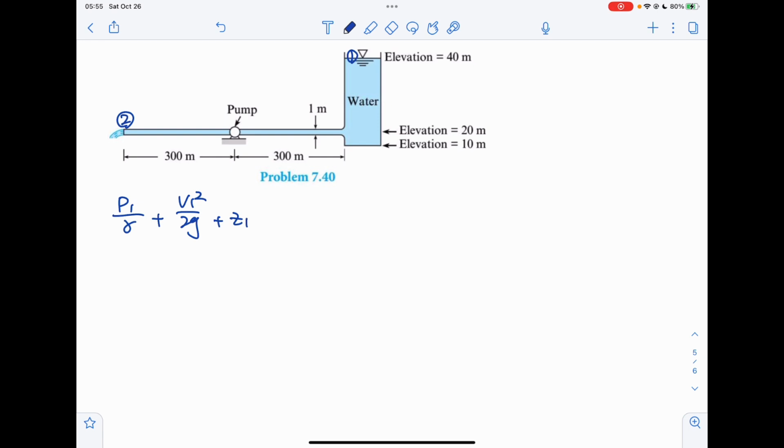From point 1 going through to point 2 we go through the pipe, so the pump head will be on the left side, and the head losses will be on the right side, plus V2 squared over 2g.